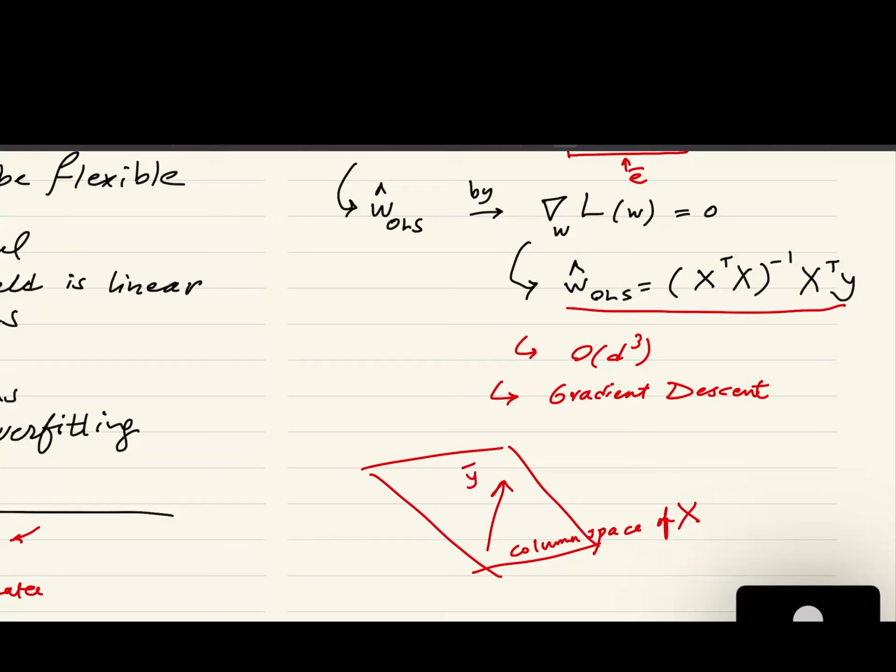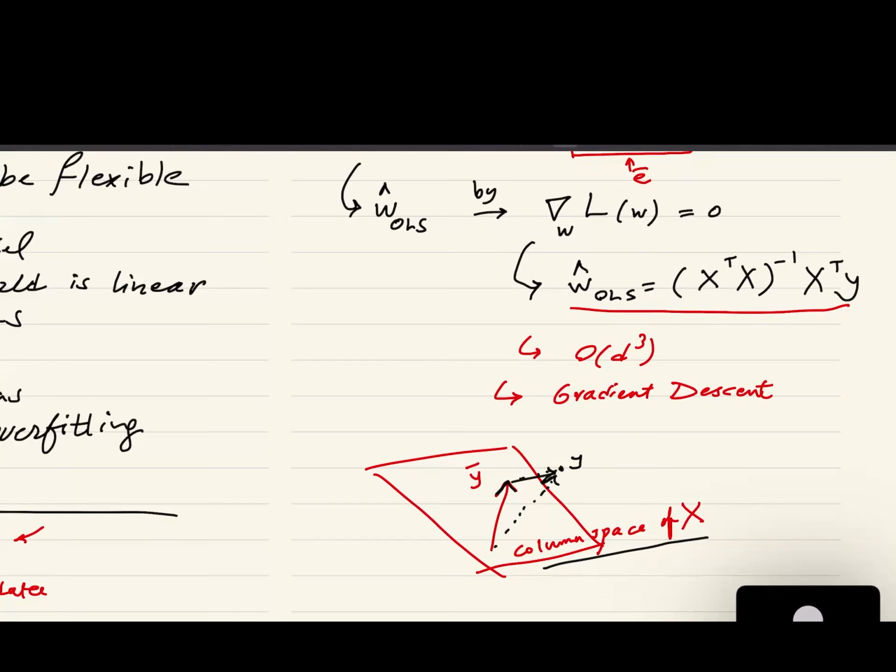So if Y happens to be outside of this hyperspace, we cannot exactly go there, because that will fall outside of this basis. So our linear regression, because it is living in the column space of X, cannot exactly predict Y, but it will project Y into the hyperplane, and there will be some error remaining that our model is not able to explain.